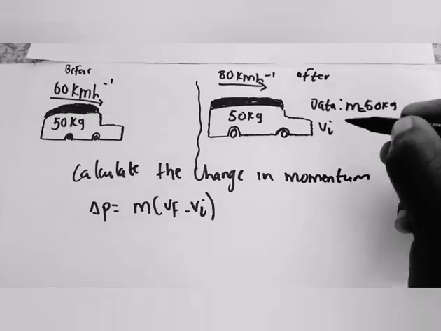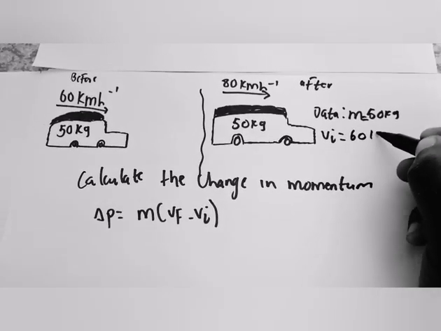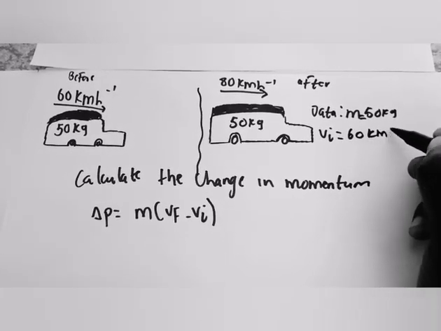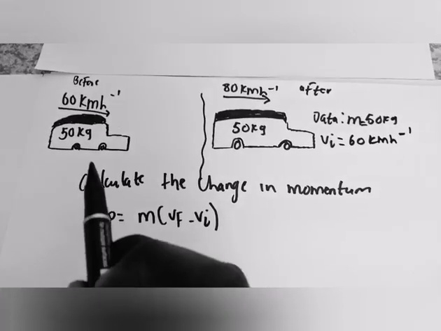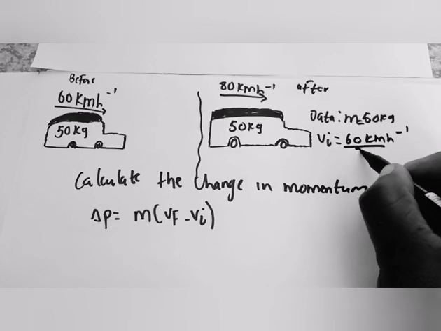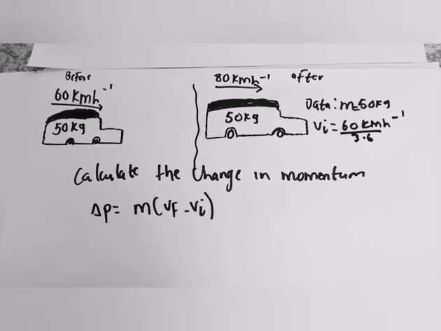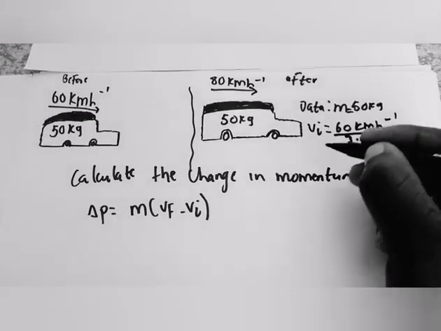Now the initial velocity is 60 kilometers per hour. Since we know that velocity is measured in meters per second, we divide by 3.6.